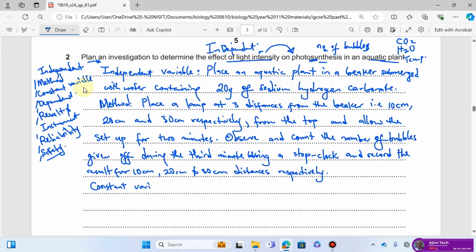Constant variable: we are going to use the same plant, the same duration of the experiment at each distance, and the same amount of CO2, or sodium hydrogen carbonate.